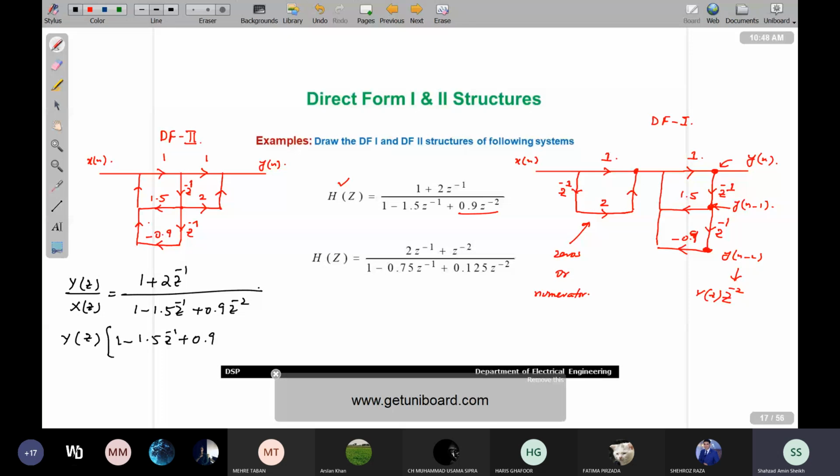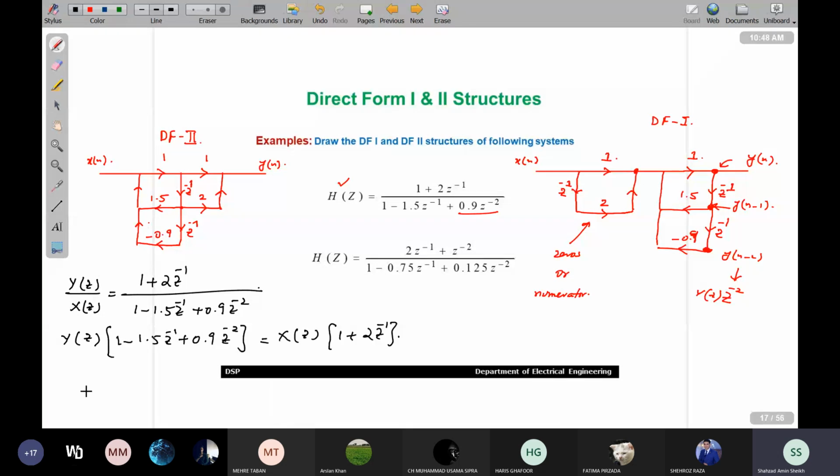इसका inverse z transform अगर आप लेंगे तो you will be getting y of n minus 1.5 y of n minus 1 plus 0.9 y of n minus 2.